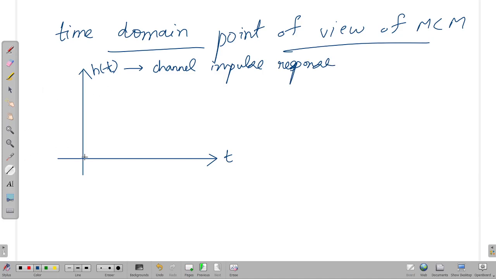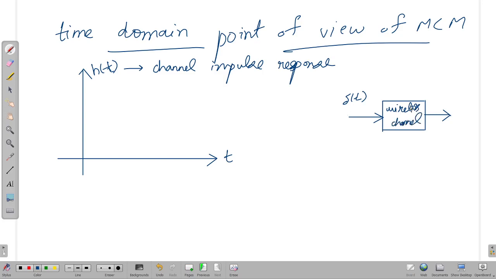Let's say that you transmit an impulse at the input to a system. Here the system is the wireless channel.